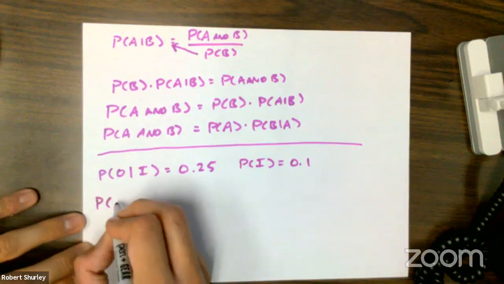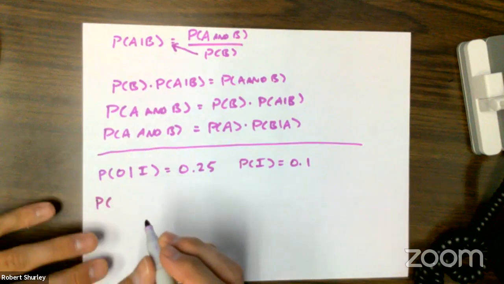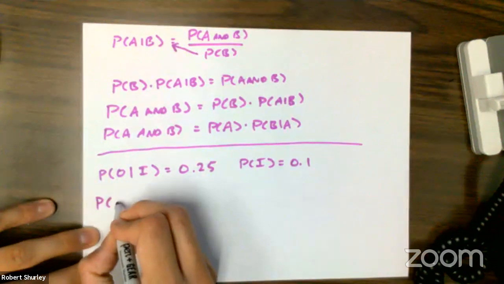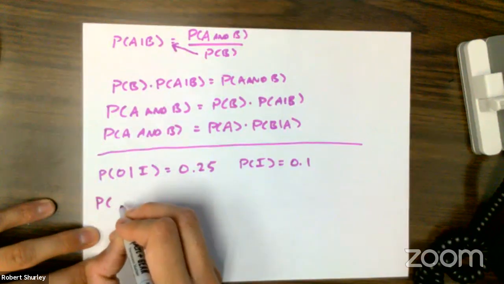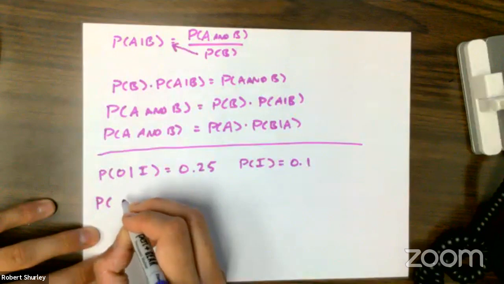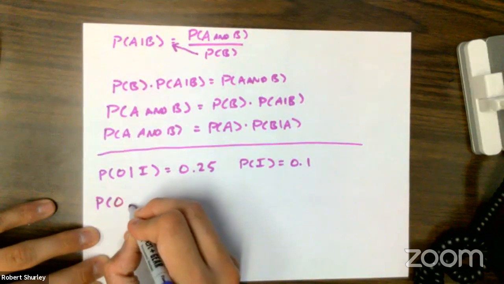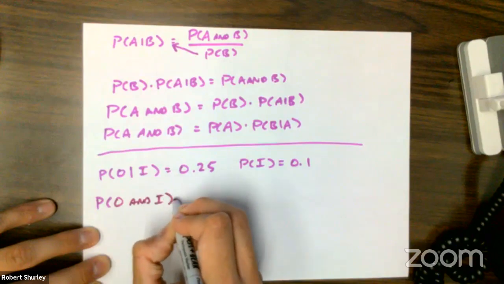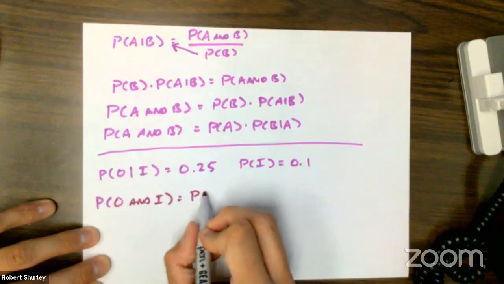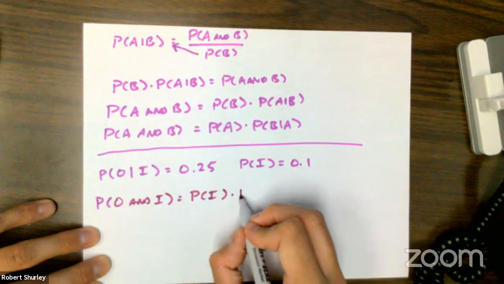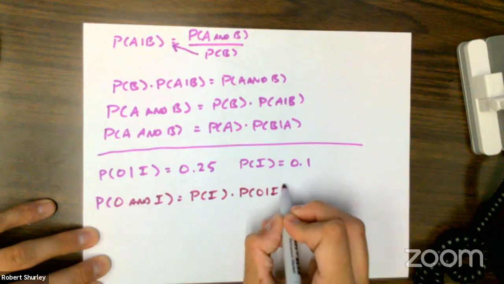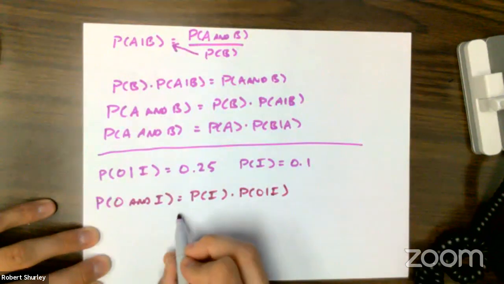So we've got an applicant that was offered and interviewed. So this would be the probability that they're interviewed times the probability they're offered given they're interviewed.